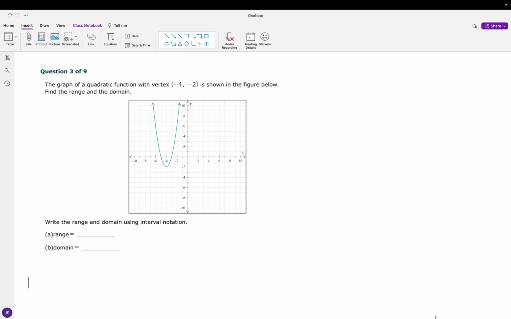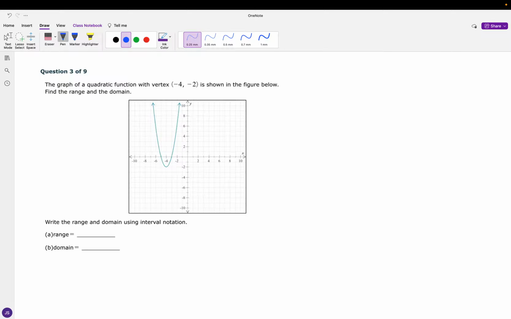Now for determining the range and the domain: for the range, you're looking at the y values, and for the domain you're looking at the set of x values, all covered by the graph of this particular quadratic function.